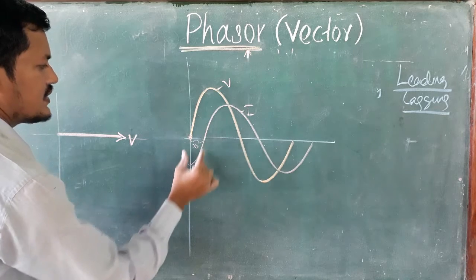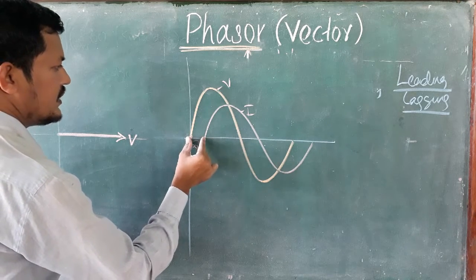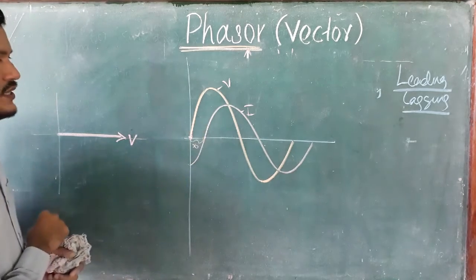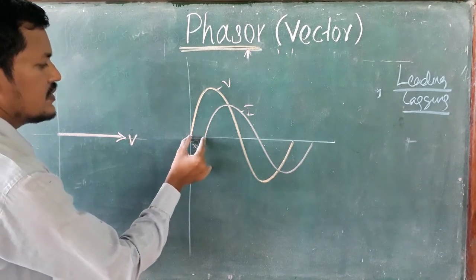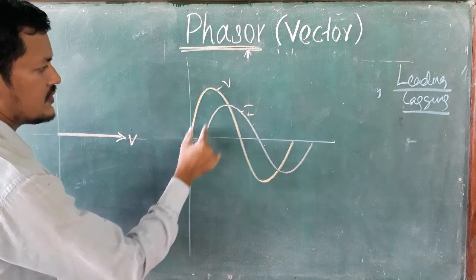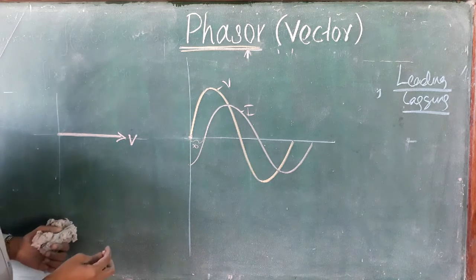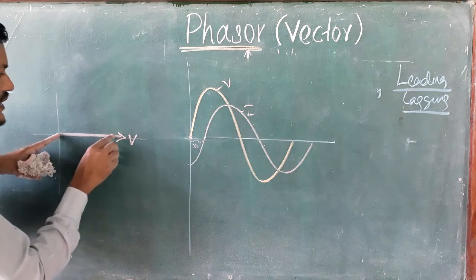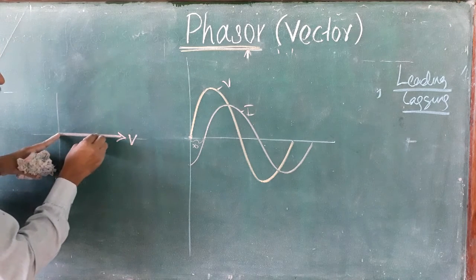So now we can understand the current is lagging by 30 degrees from voltage, because it is started below the x-axis, clear, and its 0 position also starts after the voltage, after 30 degrees.